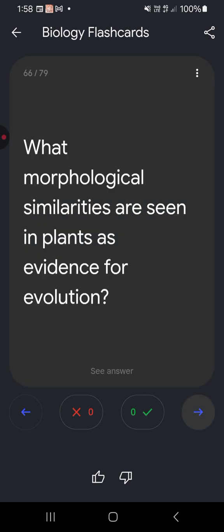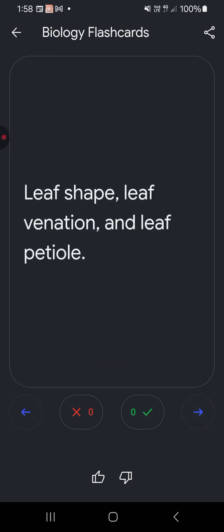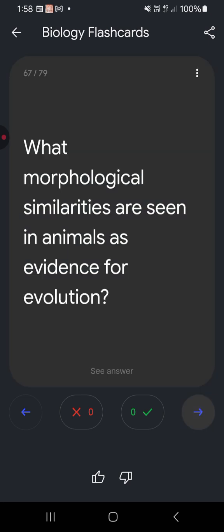What morphological similarities are seen in plants as evidence of evolution? Leaf shape, leaf venation, that is arrangement of veins on the leaves, and leaf petiole. What morphological similarities are seen in animals as evidence for evolution?